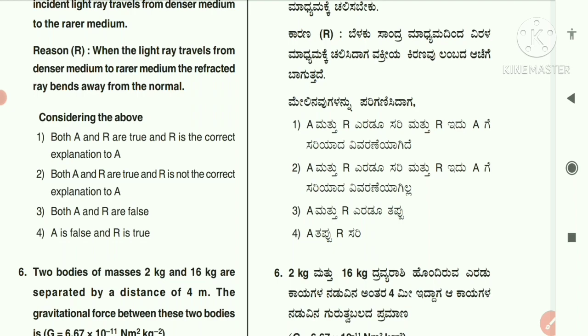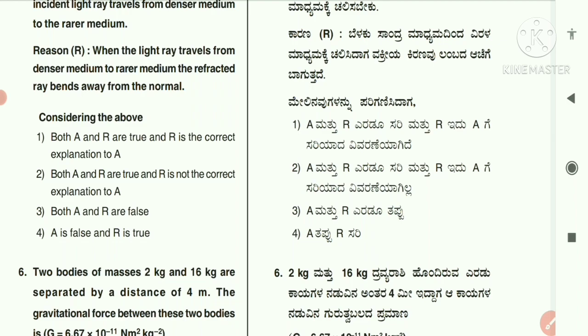Here, when a ray of light travels from denser to rarer, the ray bends away from the normal. As the angle of incidence increases, the refracted ray bends more away from the normal.